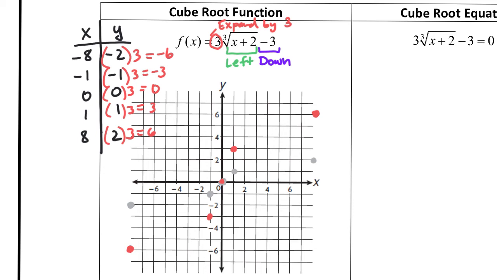Okay, so there's this expansion of the points like that. So let me go ahead and erase the gray points so we can focus on the points that we are going to move and graph. So now that I've done the expansion, this is the shape now of the graph. It's kind of stretched out vertically.